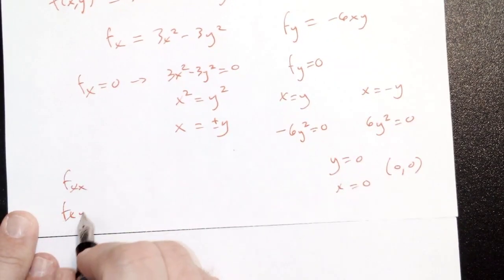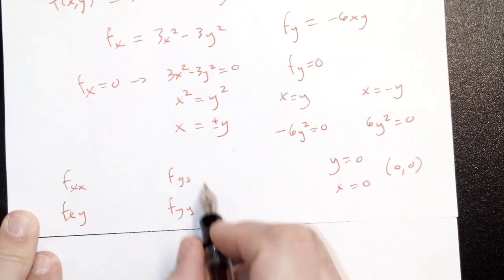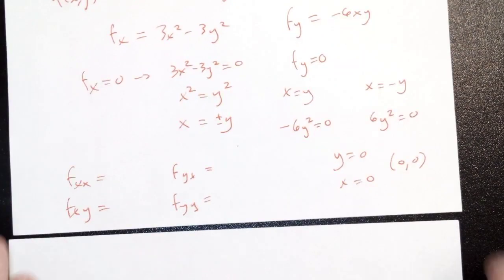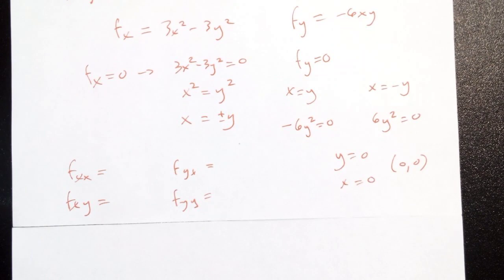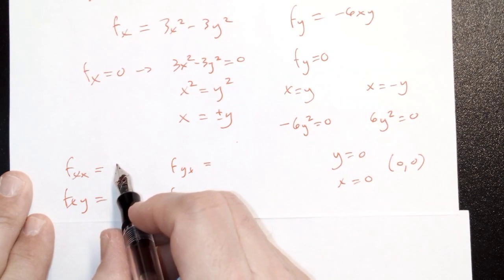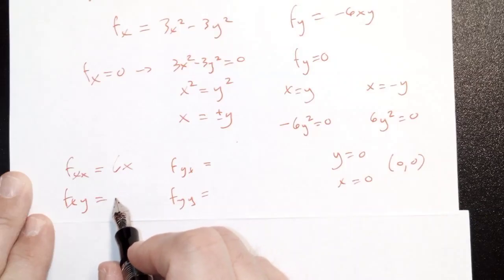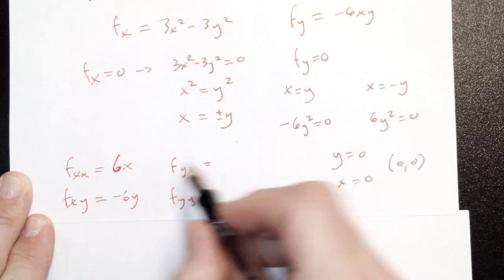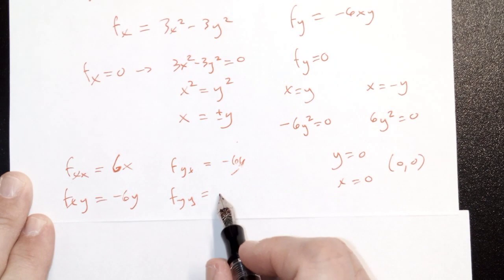What's fxx, fxy, fyx, and fyy? fxx is 6x. fxy is negative 6y. fyx is also negative 6y. And fyy.